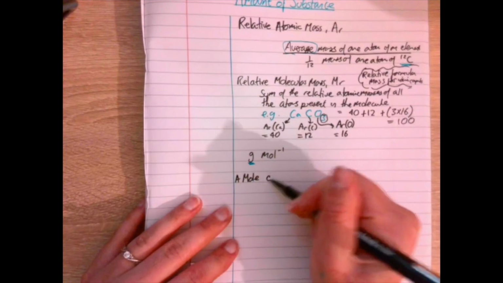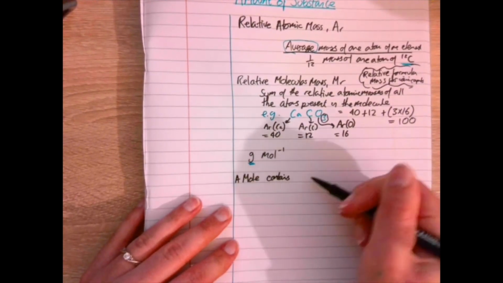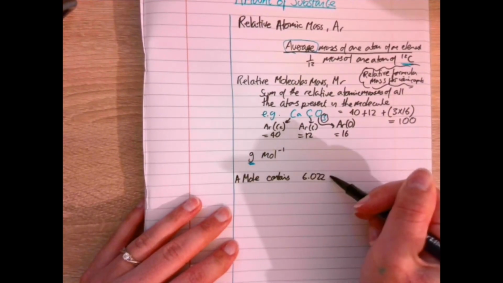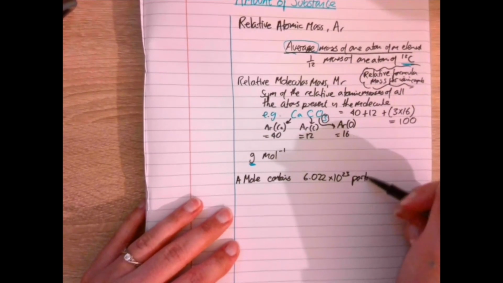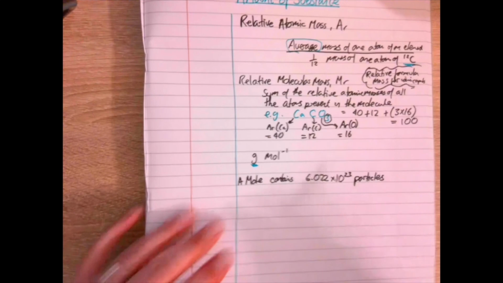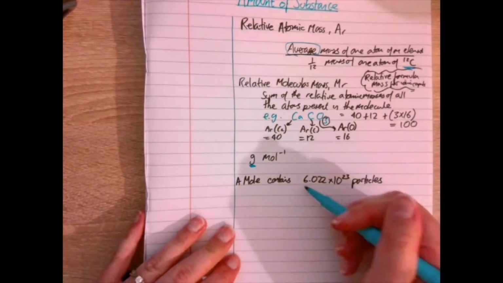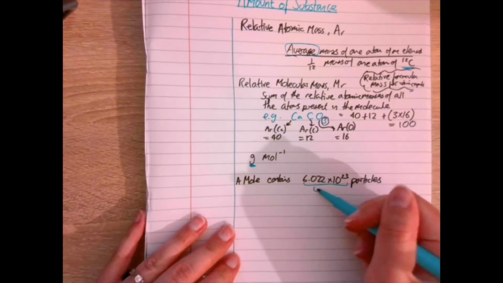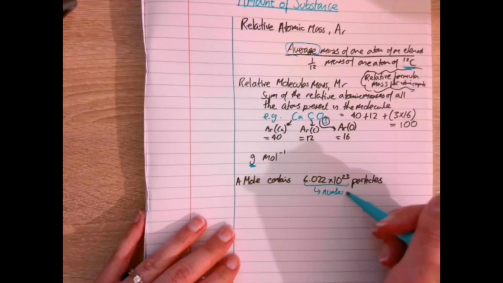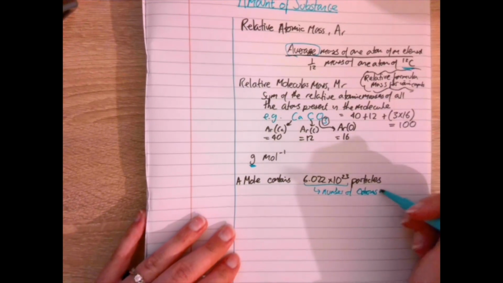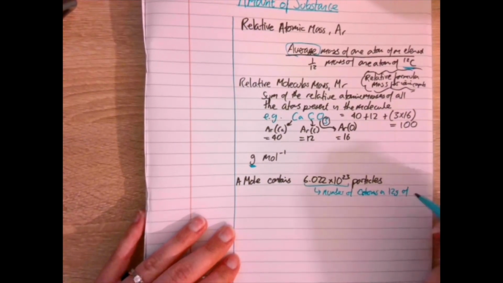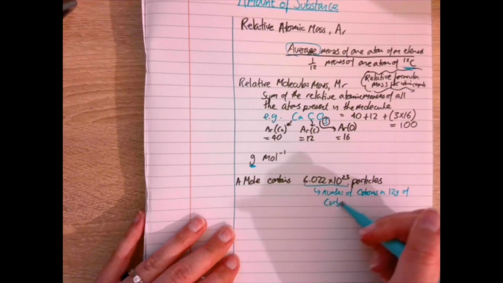A mole contains 6.022 times 10 to the 23 particles, and this comes about because this is the number of atoms in 12 grams of carbon-12.